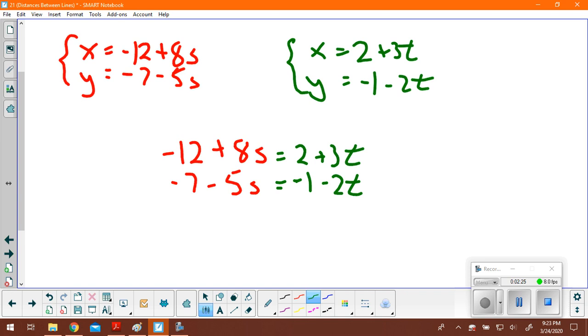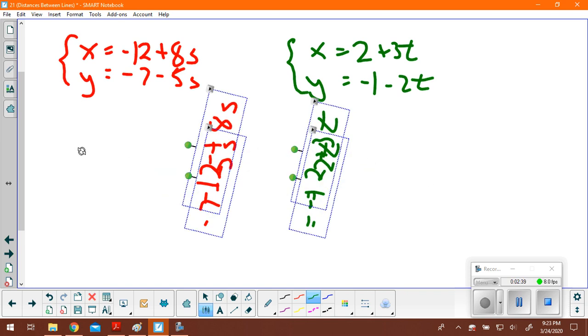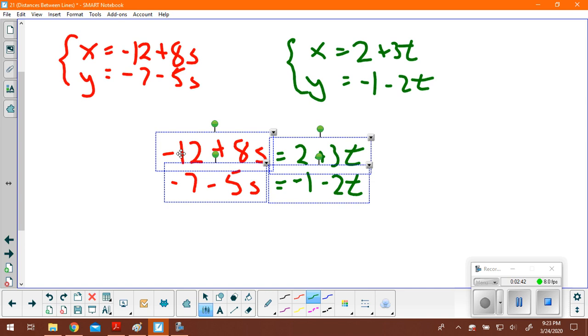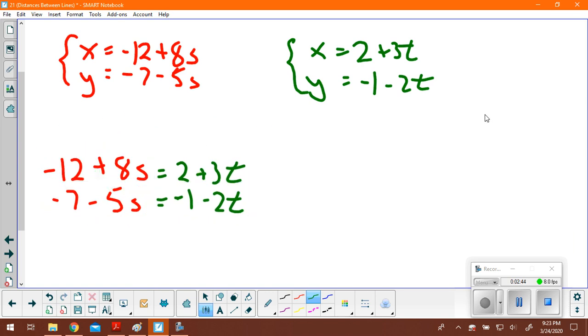Now I could do these with substitution, but looking at some of the numbers here, that's not going to make sense, since I'd get messy fractions instead of nice numbers to work with. So I'm going to choose to do these with elimination instead. I'm going to rearrange my equations first.